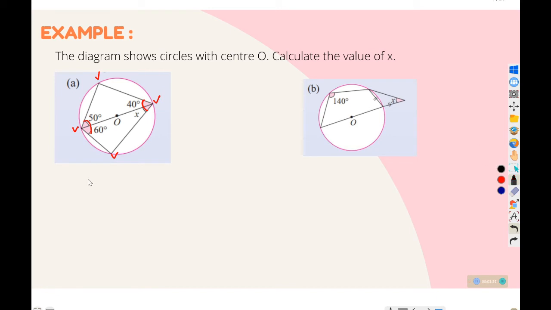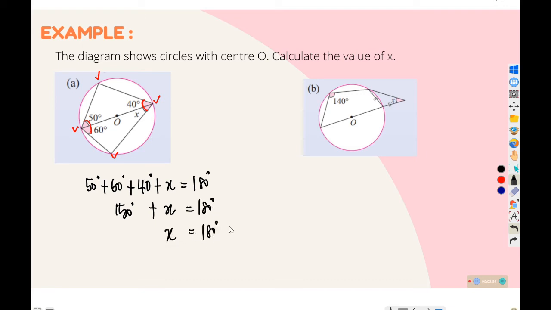So 50 degrees plus 60 degrees plus 40 degrees plus X is equal to 180. The total is 150 plus X equals 180 degrees, so we minus, then X is equal to 30 degrees.